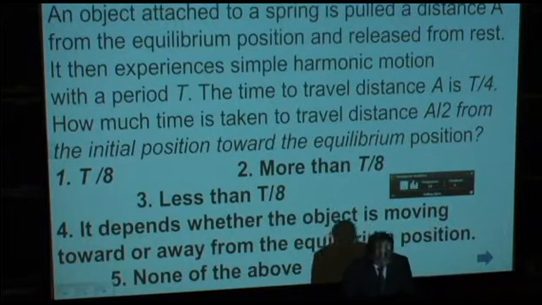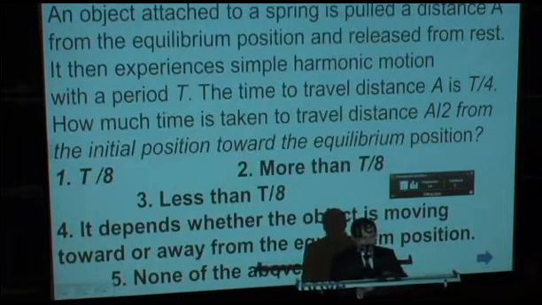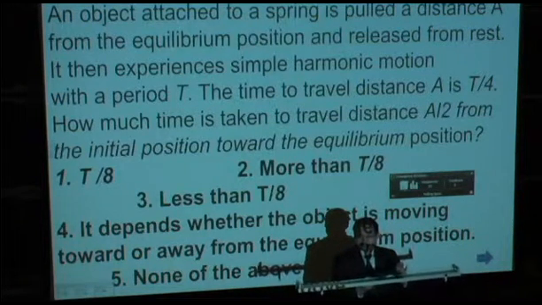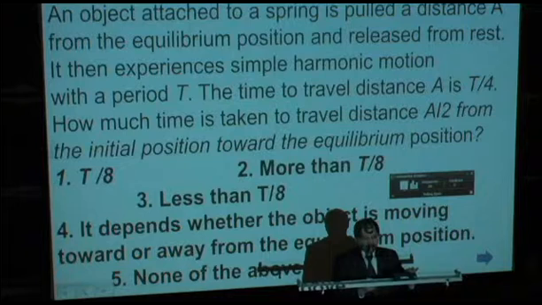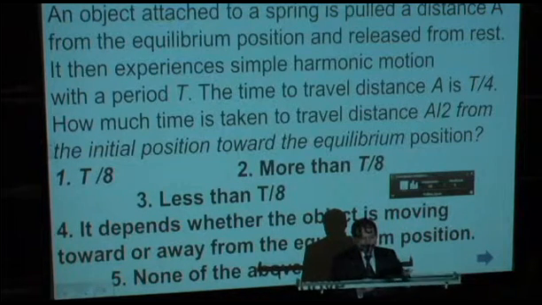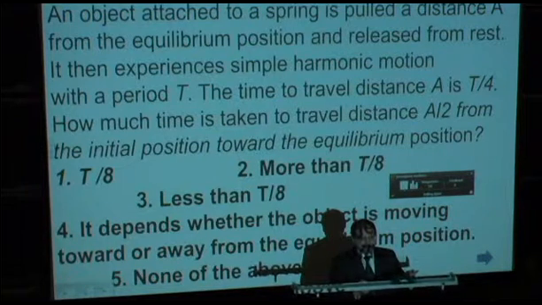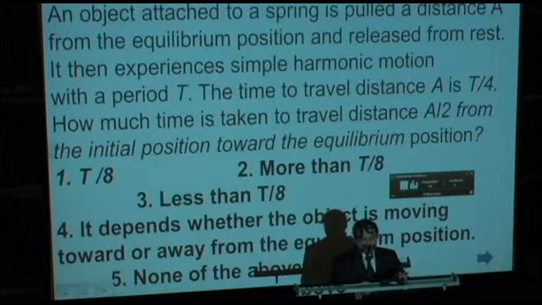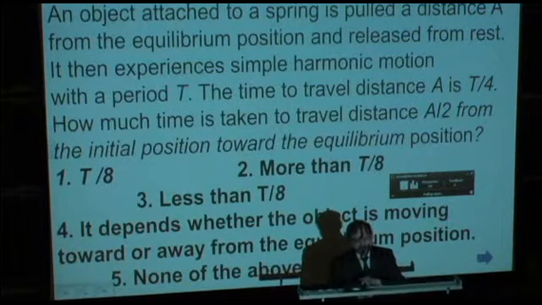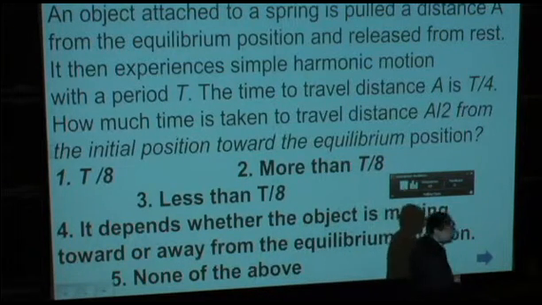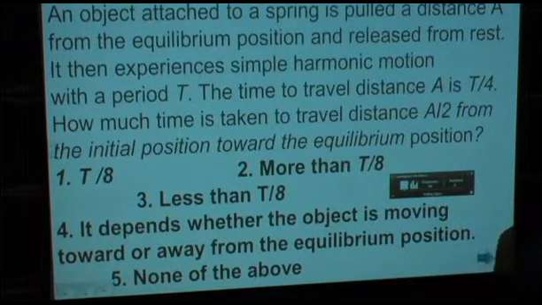We take this cart, we move it away from the equilibrium, and release it. We know it takes exactly a quarter of a period to travel exactly 1 amplitude. So of course, on its way back to the equilibrium, eventually it travels a half of the amplitude, then another half, then another half. So the question is, how much time should we wait before it travels the first half of the amplitude?